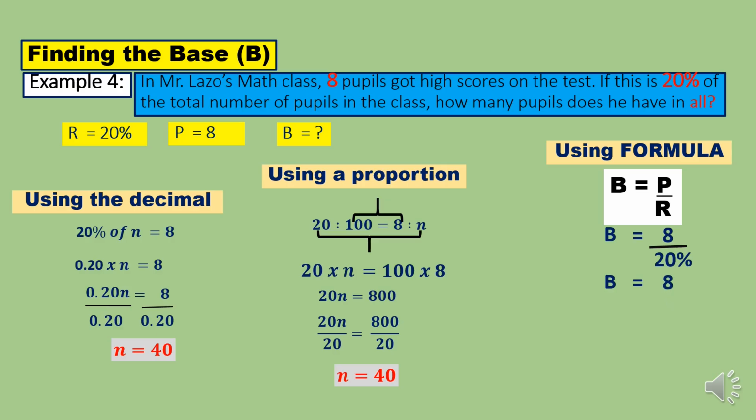Then 8 divided by 20% or 20 hundredths in decimal equals 40. So base is 40. Therefore, there are 40 pupils.